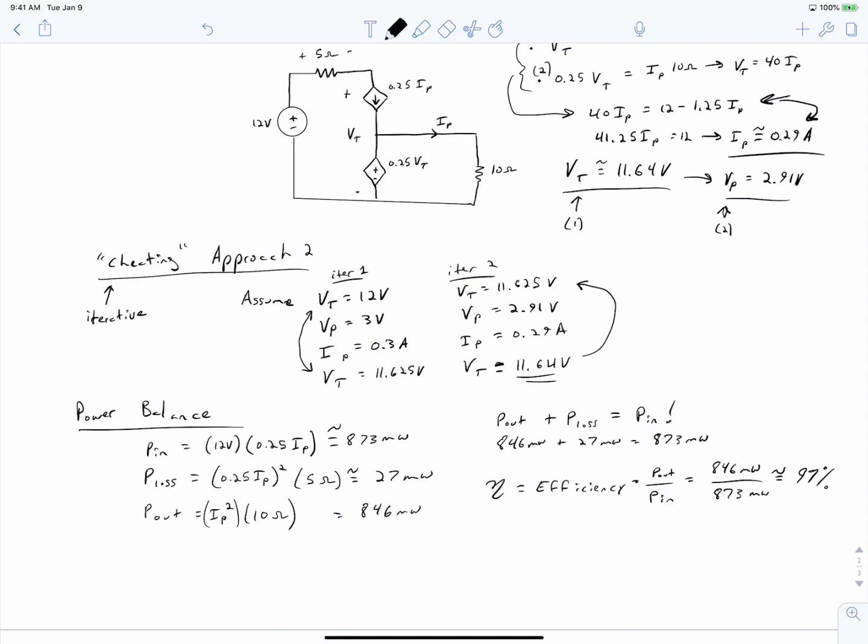Efficiency should never be greater than 1. If you have efficiency greater than 1, something is certainly wrong. You've invented some kind of better than perpetual motion machine. So that's always a sanity check on your circuit analysis: take a look at efficiency. Oftentimes in simple examples for this class, we'll assume an efficiency of 1, but in real life, efficiency is, of course, never 100%.